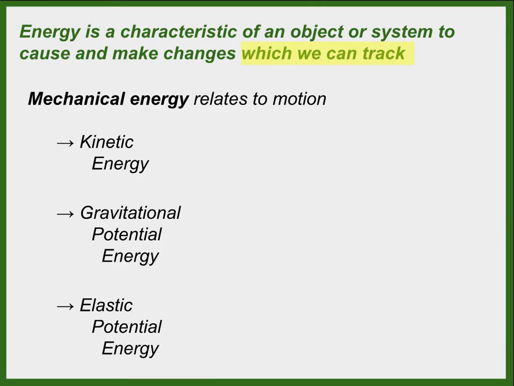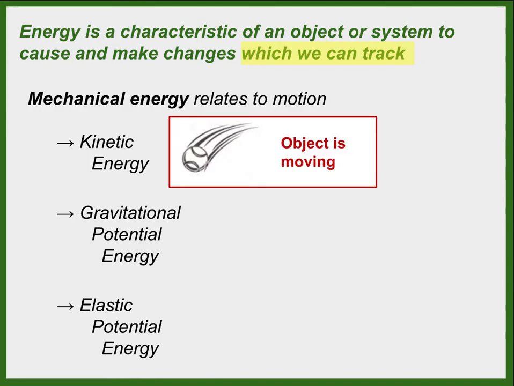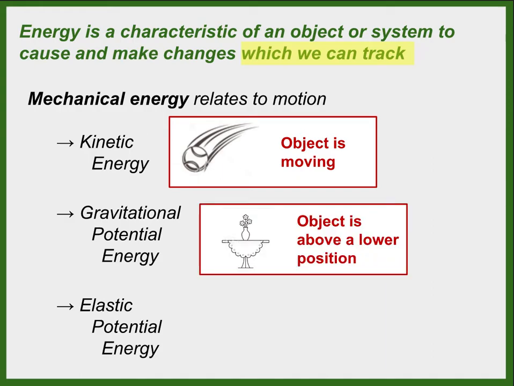So just a quick recall that there are three types of mechanical energy that are related to motion. Kinetic energy has to do with the motion of an object. As long as an object is moving, as long as it has a value of speed, then it's going to have kinetic energy. We also talked about gravitational potential energy, and an object has this type if it's above its lowest position, so if it's above the ground.